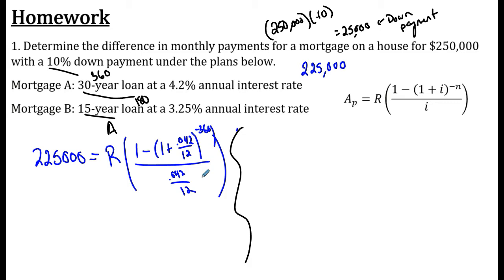This is going to give us our monthly payment for that first loan. So I need to figure out what that number is, and then how do I get R by itself? I'm going to do 225,000 divided by that number.